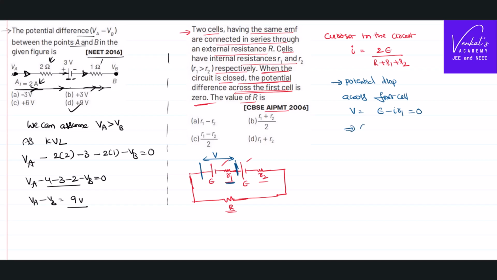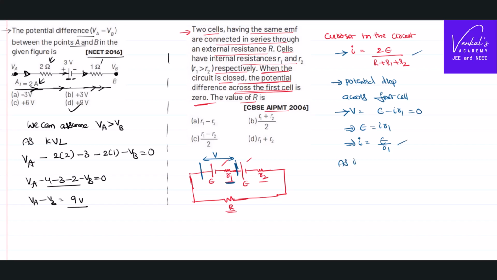From here I can write E equal to IR1. That implies I equal to E by R1. So the total current is supposed to be this much, but when V across the first cell is 0, current is this much. But as they are all in series, current is going to be the same. So this I can be equated to this I.